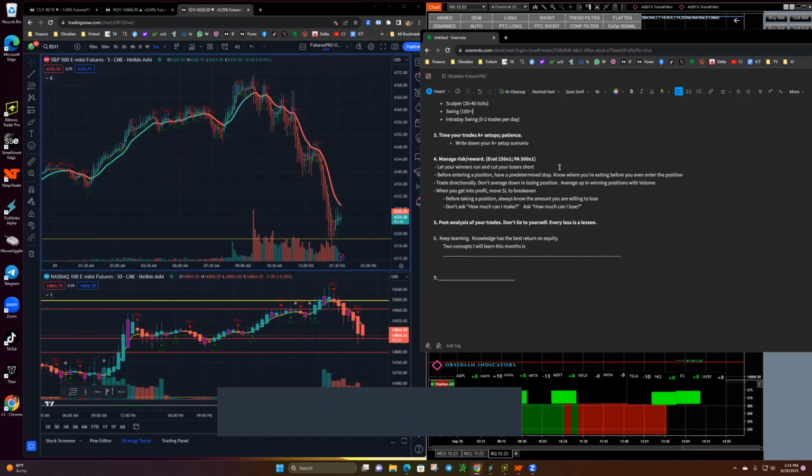Okay. Now, the number 3 is the following. Time your trades. Okay. You don't want to just immediately go in anywhere in the market. You want to be able to look at the levels and see where is a positive momentum change.